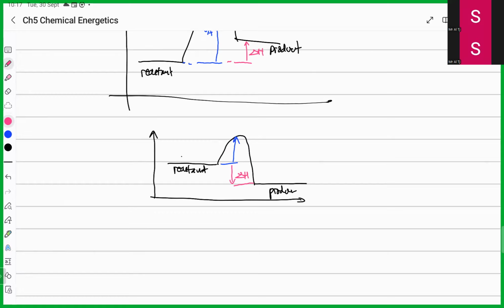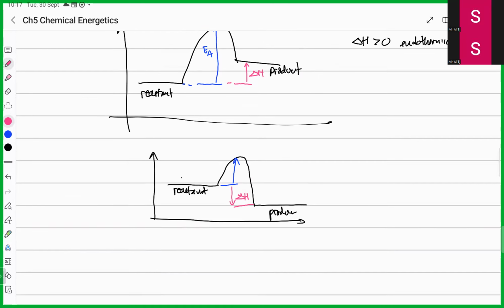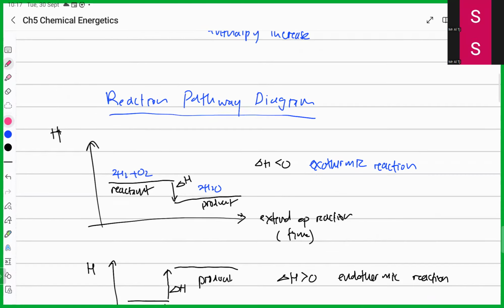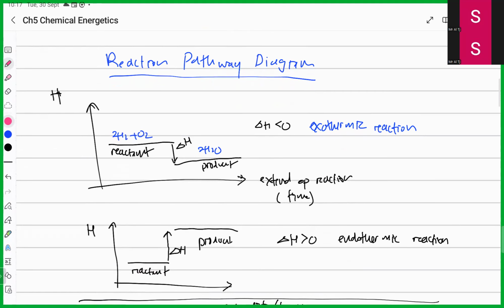That will be it for today, and we're going to recap. Today, we discussed the reaction pathway diagram. It is a diagram that tells us how the enthalpy changes over time, or as the reaction progresses. The y-axis is the enthalpy, and the horizontal x-axis is the extent of reaction. There are two types of reaction pathway diagrams.